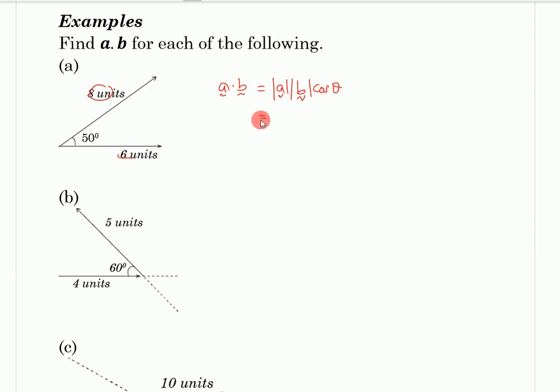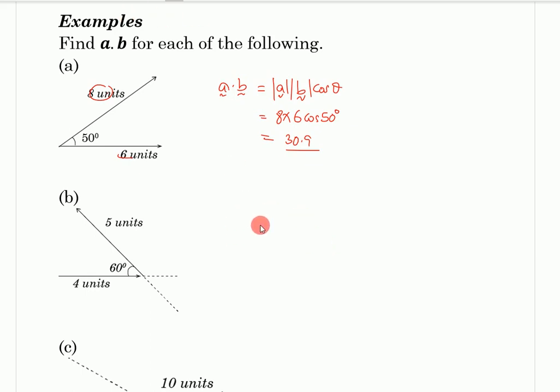In the first case, the magnitude of A is 8 and the magnitude of B is 60, so this is 8 times 60 times cosine of 50 degrees. When you work it out, we get 30.9. That is the dot product.